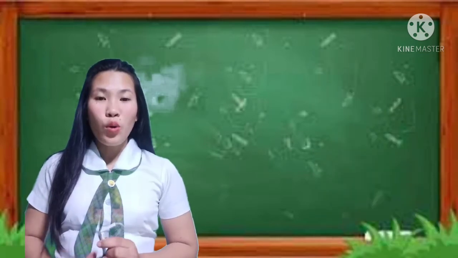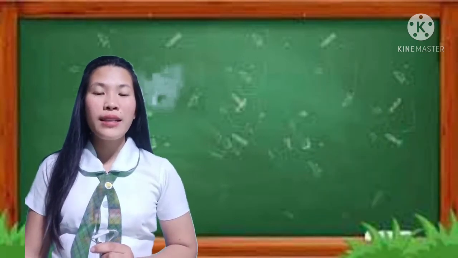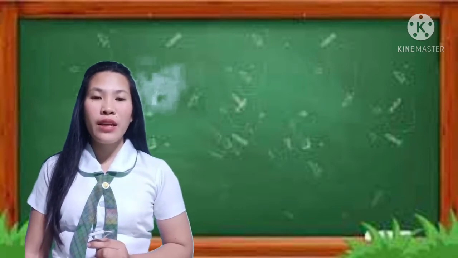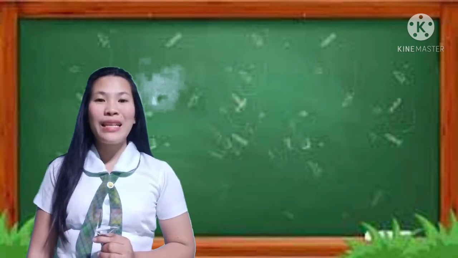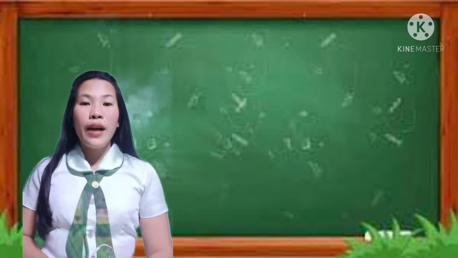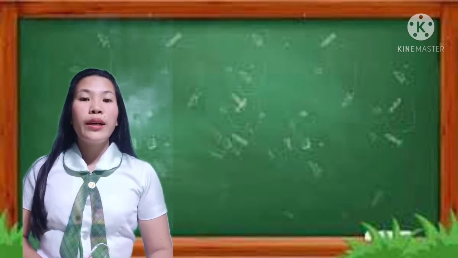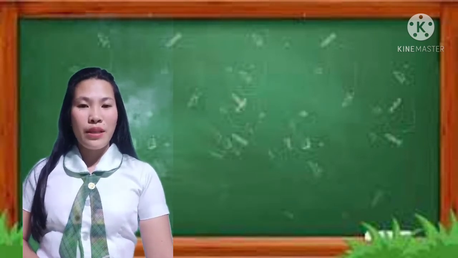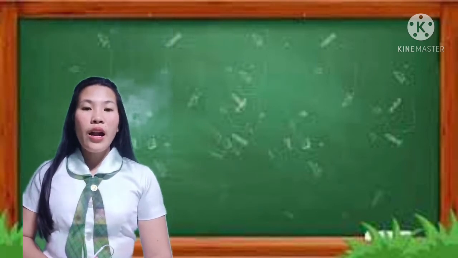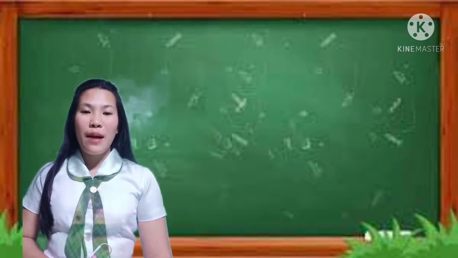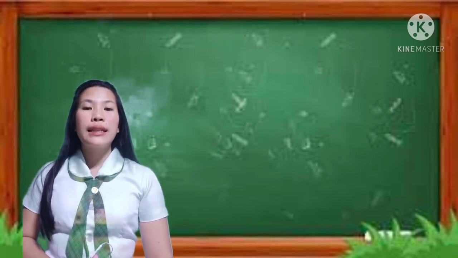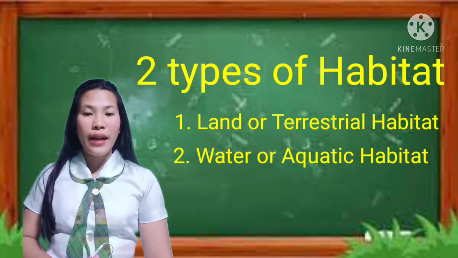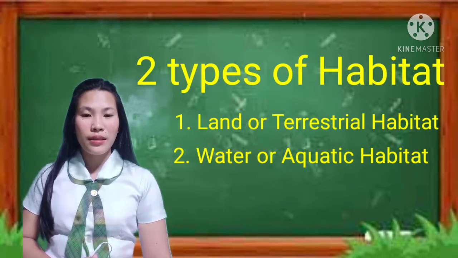A while ago, Teacher Sheena told us about different habitats and also about what habitat is. Now class, let us learn about the plants' habitat. There are two types of plant habitats, which are the land habitat and the aquatic habitat.